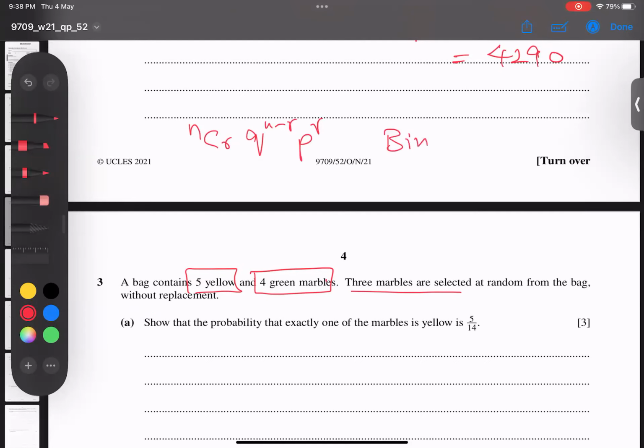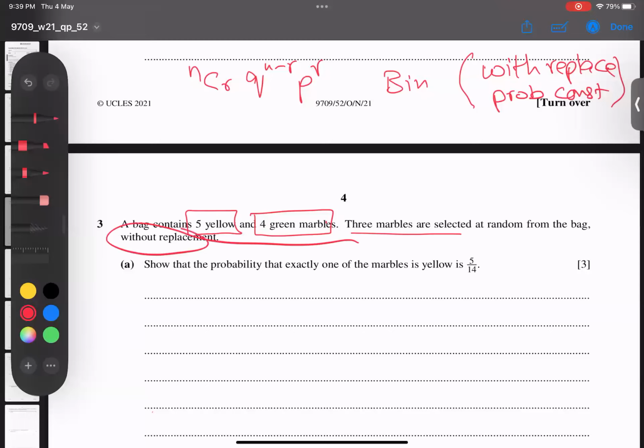This is only used when the question is with replacement, where the probability is constant and not changing. But here, without replacement, when you take one green or one yellow out, the probability will change. So it means we can't use binomial probability.